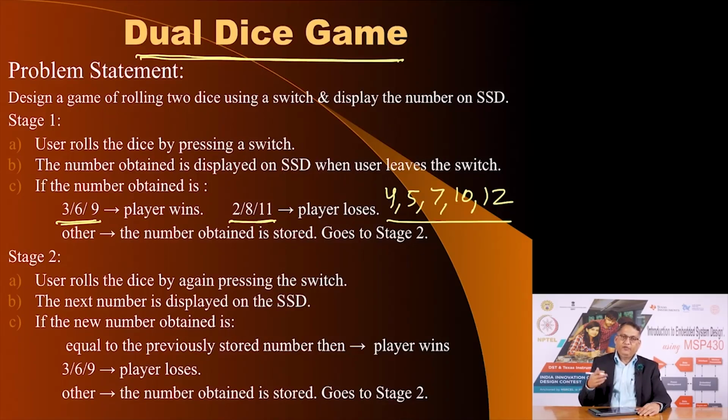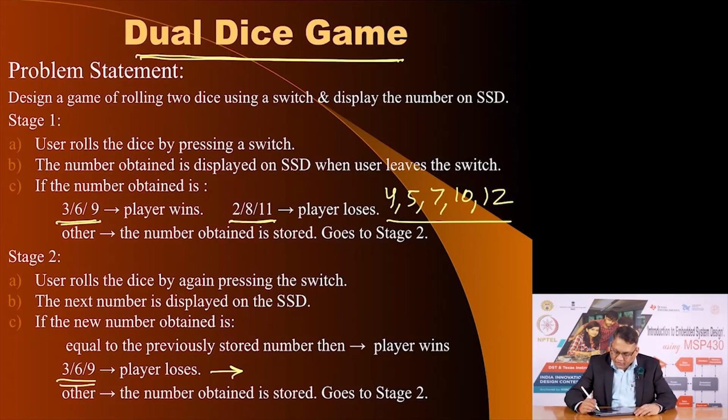On the other hand, if the new number is 3, 6 or 9, then you lose. Else the current value of the new number becomes the old number, you store it and prompt the user to roll the dice again, and you stay in stage 2 till a decision comes out.